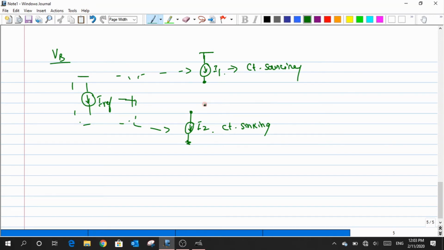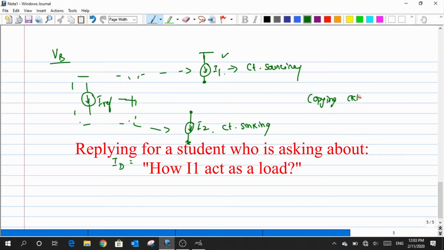In order to have those copies, I have to talk about the current equation of my MOSFET. Because it is connected to the VDD and it is sourcing to the circuit at the bottom, right? So say, for example, if I have a CS amplifier, this would act as a load. We are worried about only the load. For the entire discussion, I am talking only about the load.